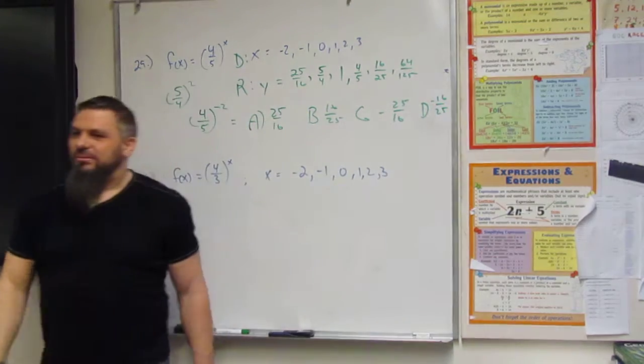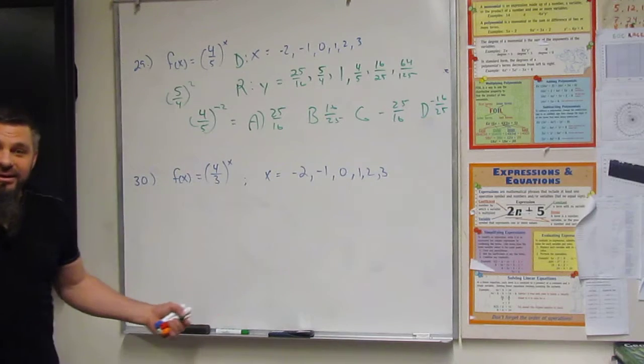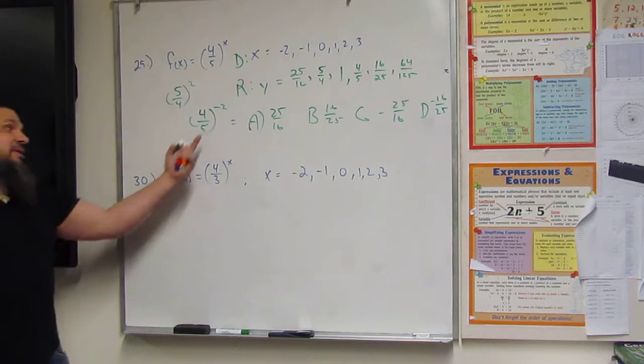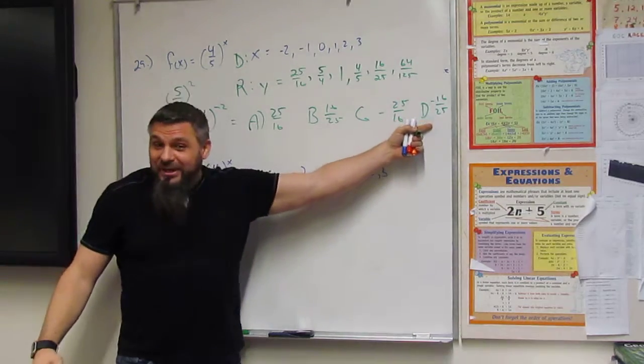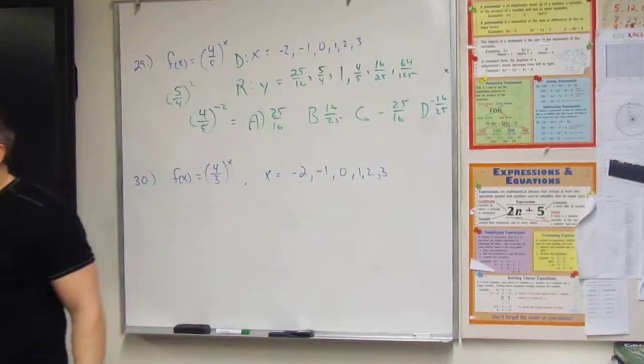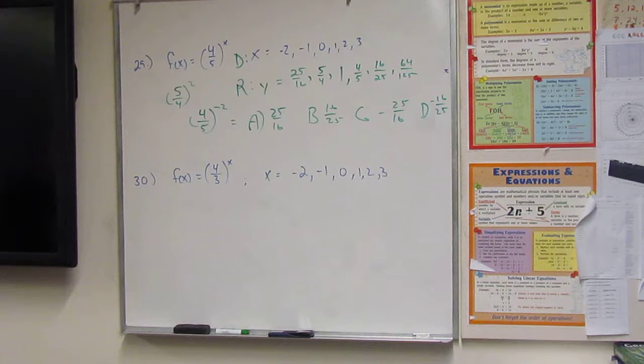And how many of you would choose D? Because, well, geez, it's negative and it's squared. So it must be negative squared, right? And that's what students do. I saw it happen yesterday when I was going over exponents in this class, in pre-cal, okay?